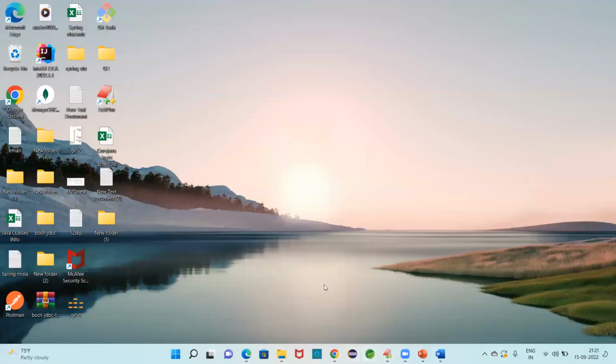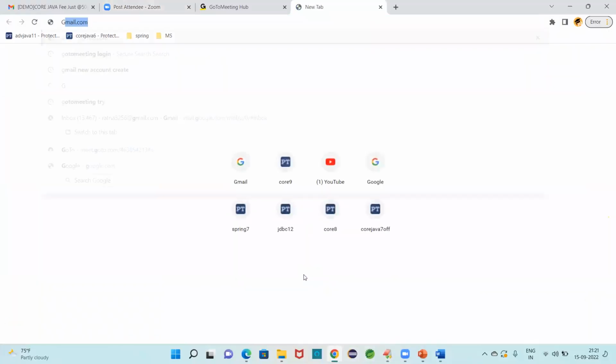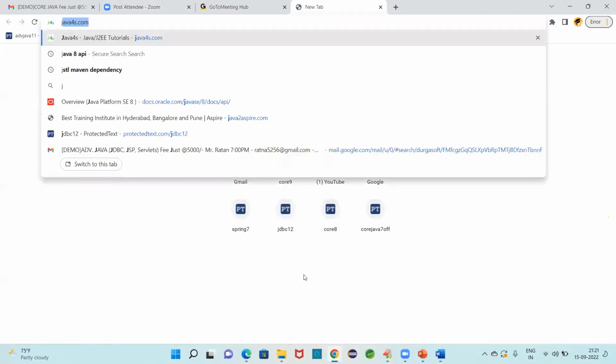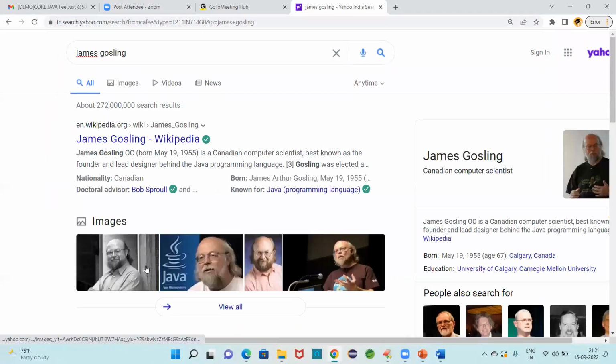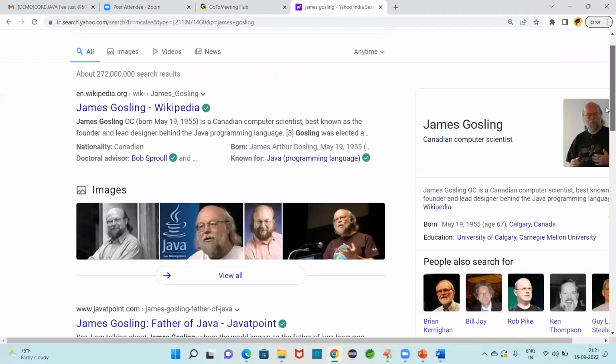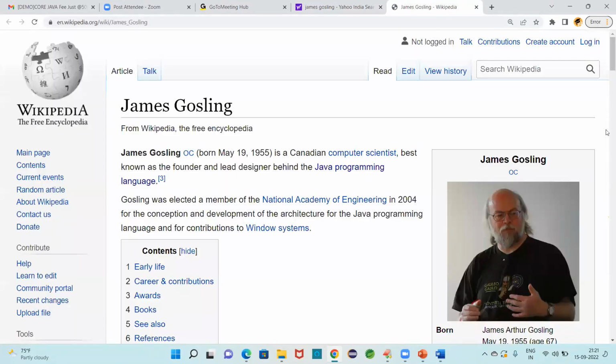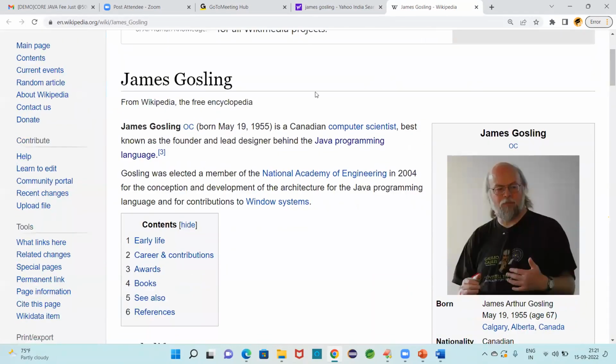Can you please watch his face, because the entire industry depends on Gosling, right? So James, we can write the Gosling. He is the creator of Java. But still he is working for some company. James Gosling, a Canadian computer scientist, born in 1955.